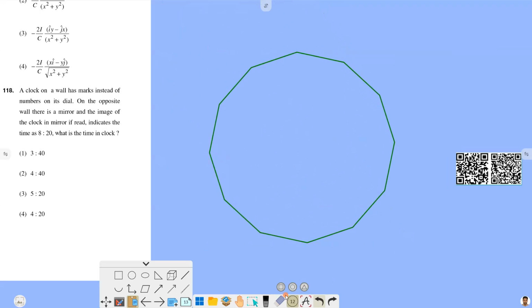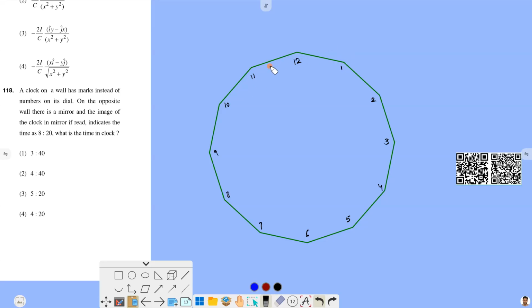Suppose these are the actual time. So this is 12, 1, 2, 3, 4, 5, 6, 7, 8, 9, 10, 11. This is the actual time. And if we see this in the mirror, then what will happen? Then time in the left will go to the right, and symbols on the right will go to the left.